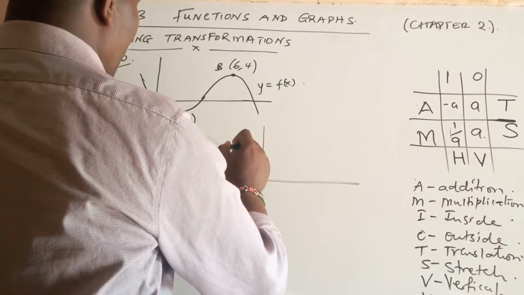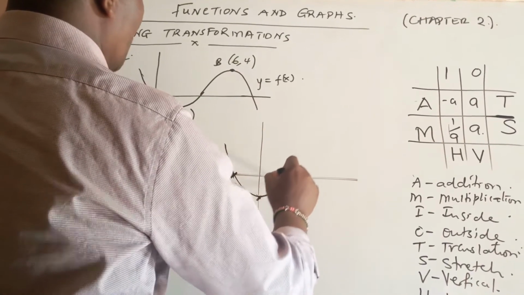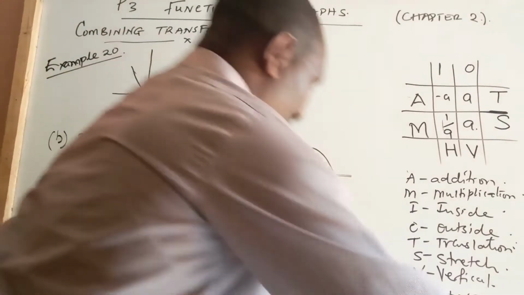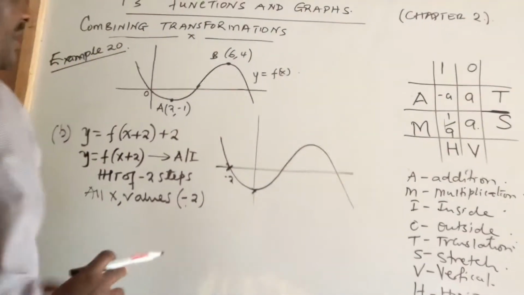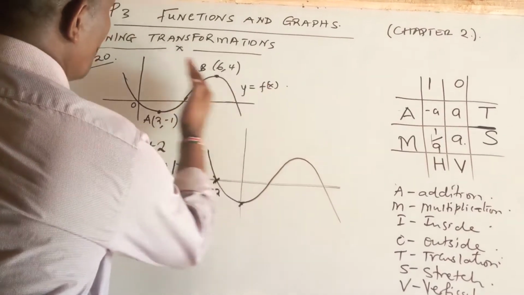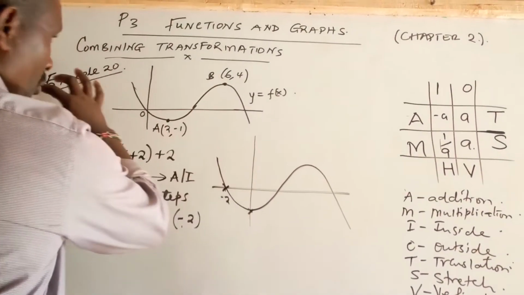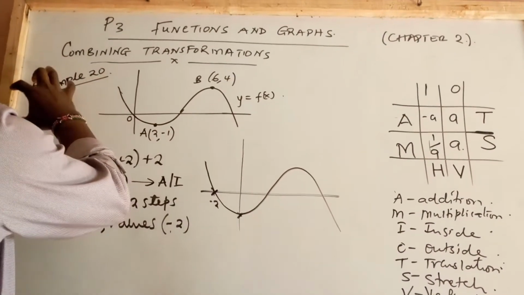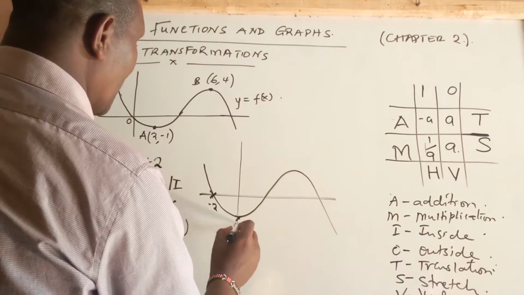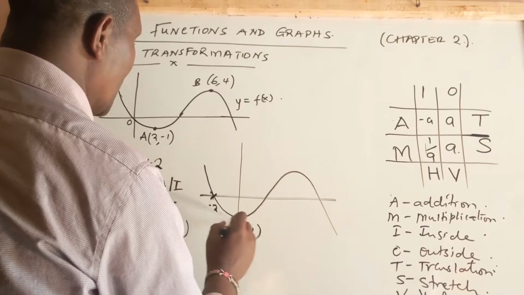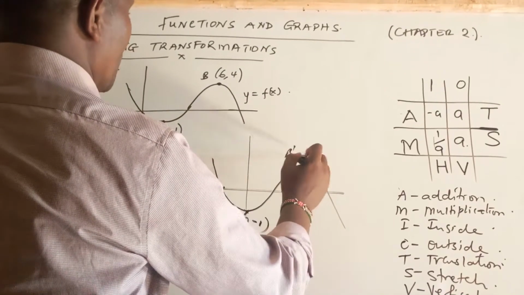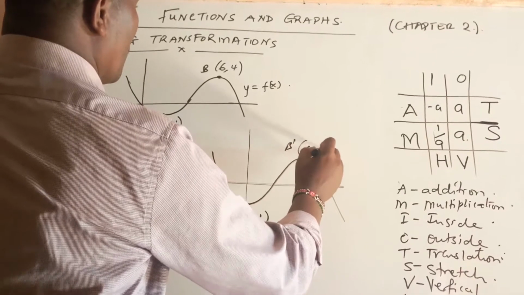So you will have a graph that still has the same shape, but generally this graph has been pushed to the left 2 steps, and is going to be indicated by the new coordinates. That is point A prime. This is point B prime, which is going to be (4, 4).